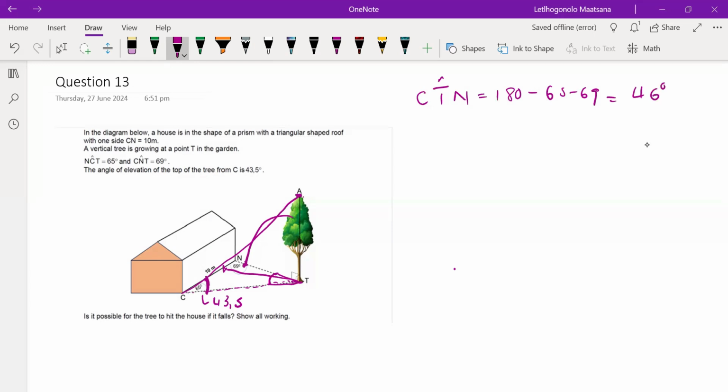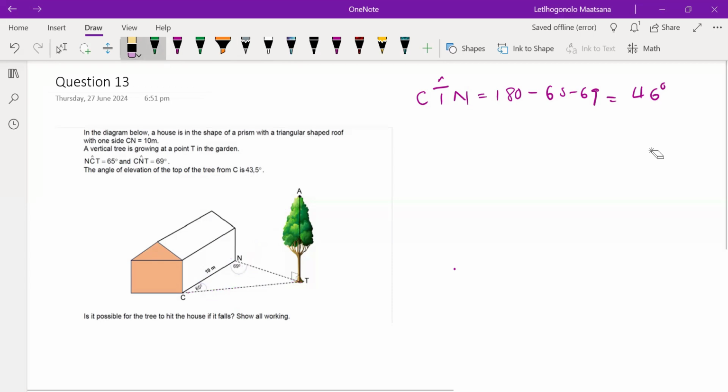Okay, now that we have that, if we want to calculate this side, we require the opposite angle, and we will use that angle and that side for our sine formula.